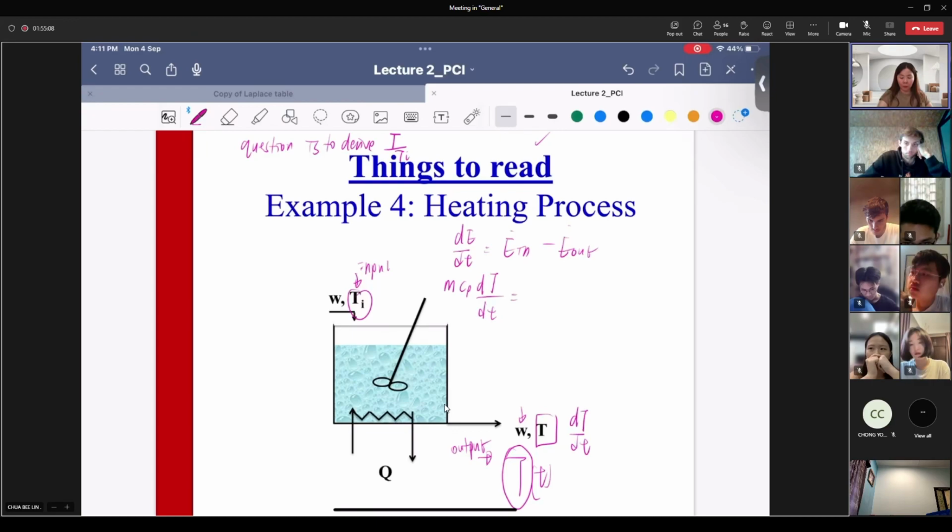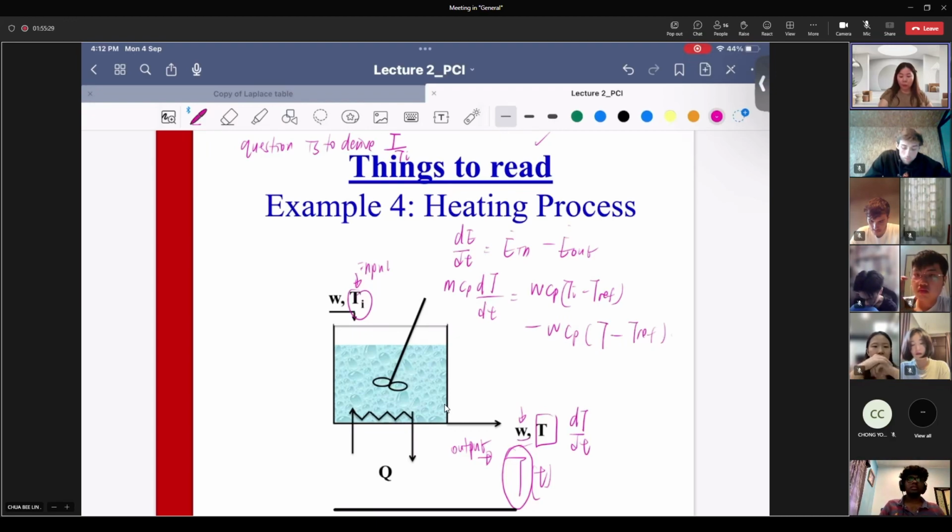So dT, so is omega Cp (Ti minus T reference). Then the output is this one, so minus. Again, the mass rate is the same, omega Cp (T minus T ref). Assume T ref equals 0. So this is equation 1, which is the unsteady state equation.